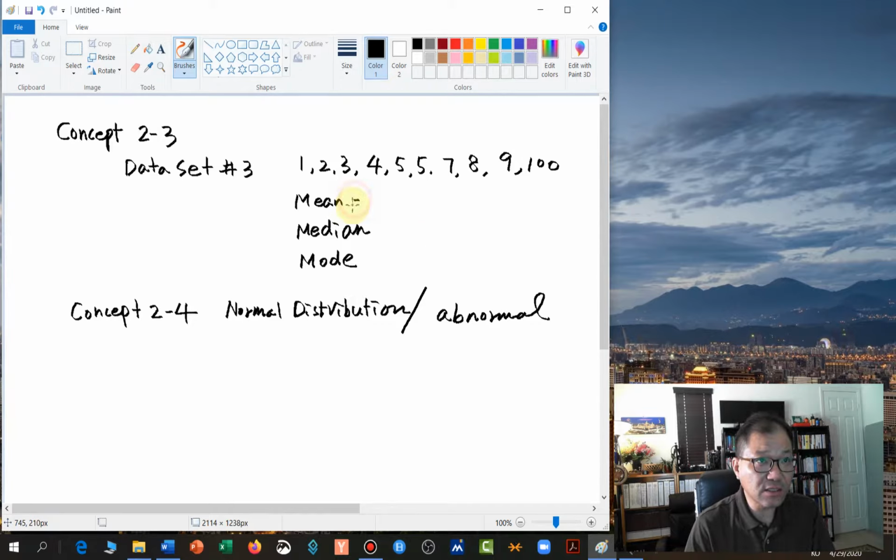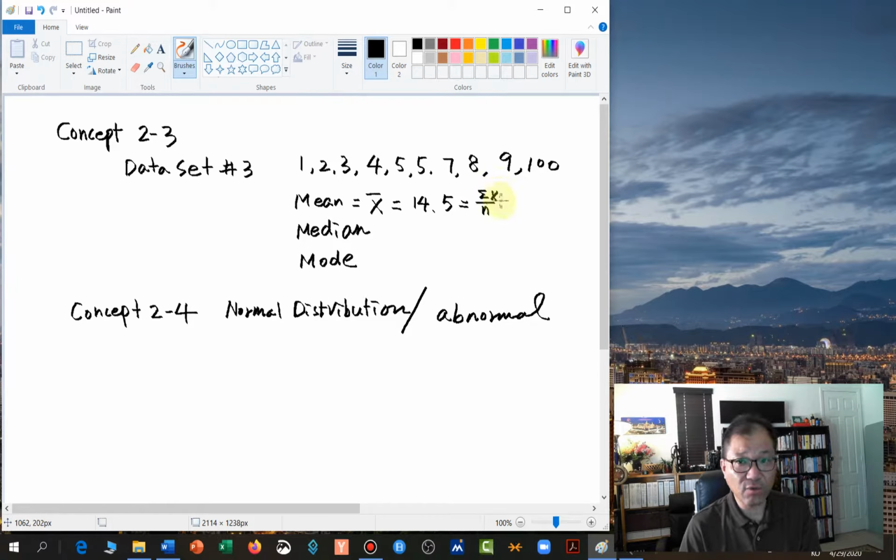The mean is written as x bar, the mathematical average for the data set. And I have 14.5. So mathematically, mean can be calculated by sigma x over n.